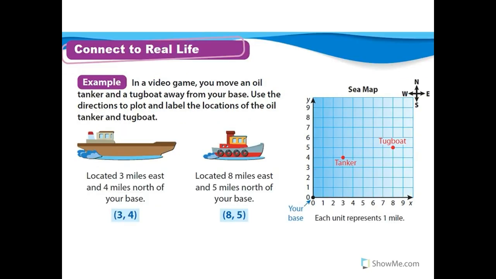Alright, well, let's connect this to real life. In a video game, you move an oil tanker and a tugboat away from your base. Use the directions to plot and label the locations of the tanker and the tugboat. So, the tanker is located 3 miles east and 4 miles north of your base. So, 3 and 4. And then the tugboat is located 8 miles east and 5 miles north, so 8 and 5.